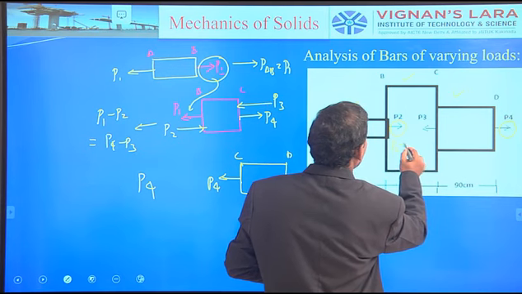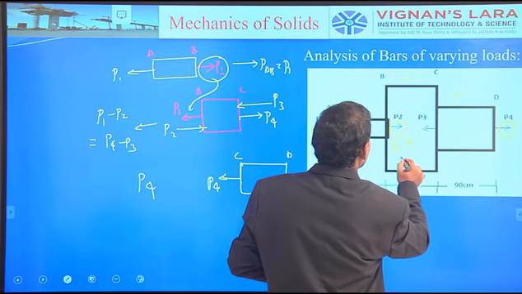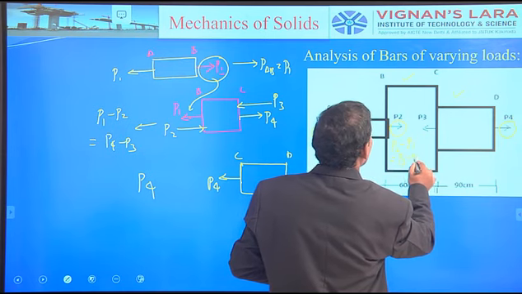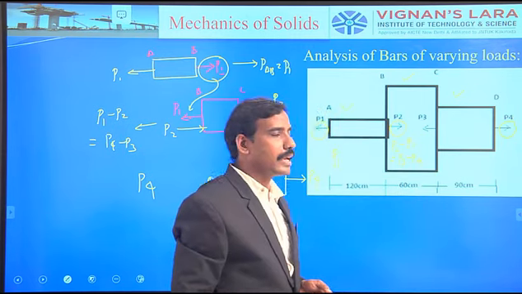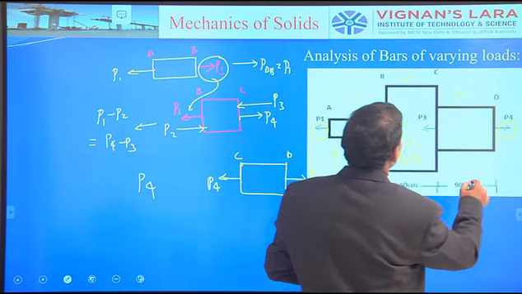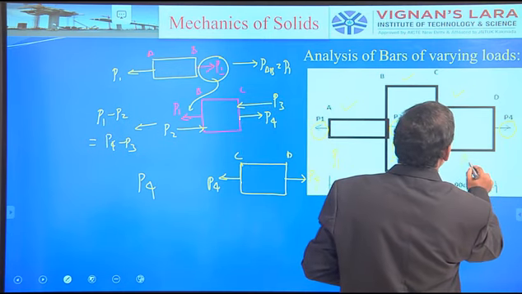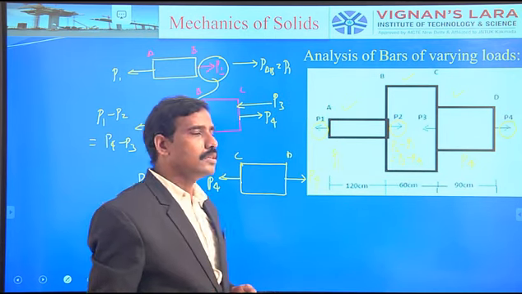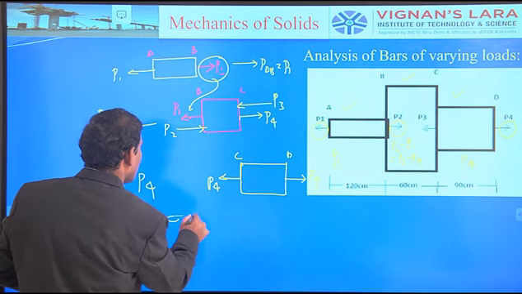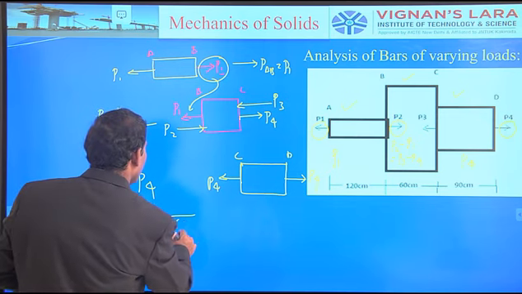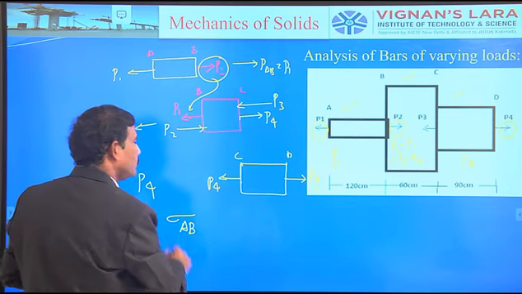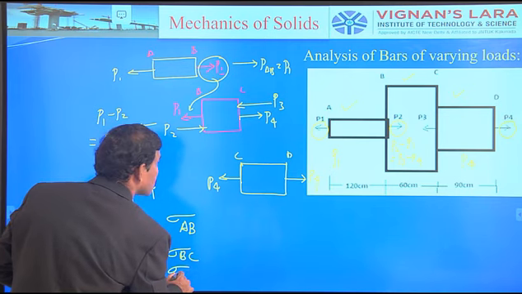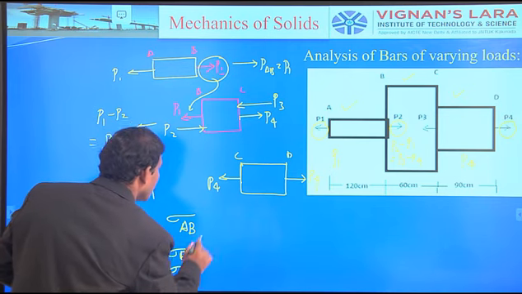Definitely P2 minus P1, that is equal to P3 minus P4. What about the net force acting on the member or the portion CD? That is equal to P4. Once you know the forces acting on each and every member, you can calculate the stress in the member AB as well as the stress in the member BC and the stress in the member CD also.